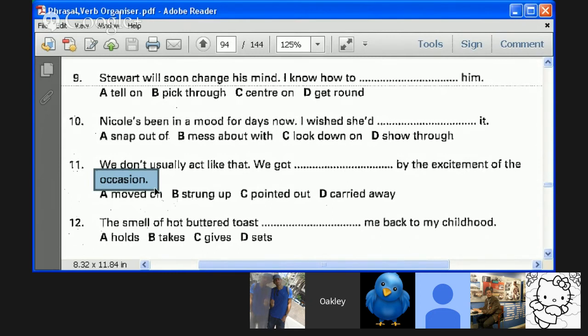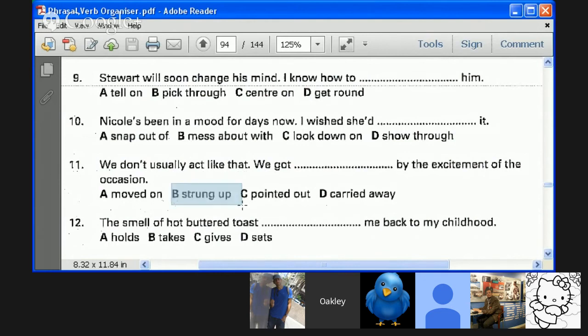We got pointed out. No, we got. I think strung up. I hope not.